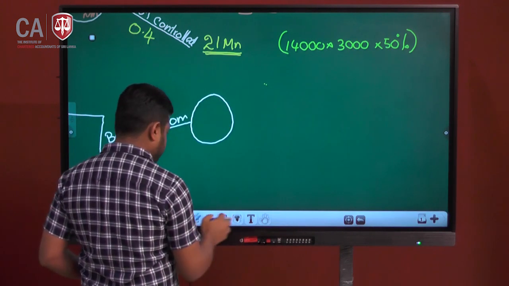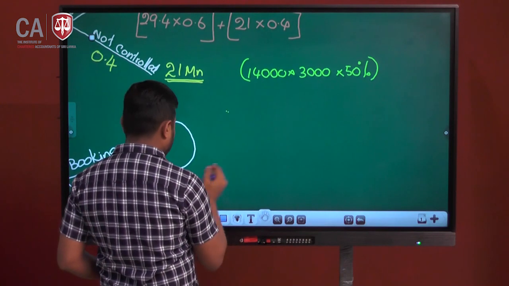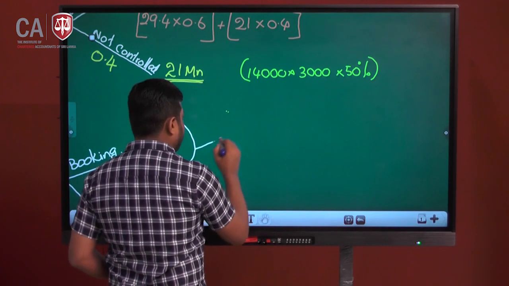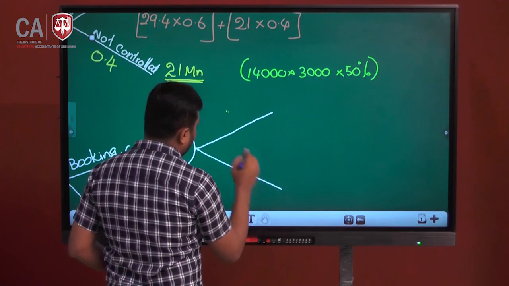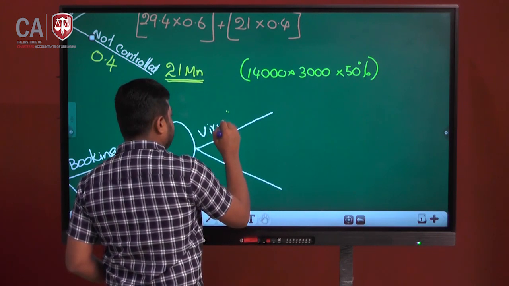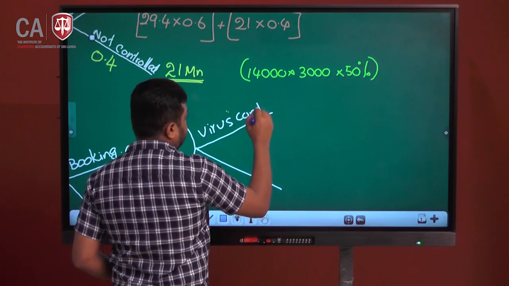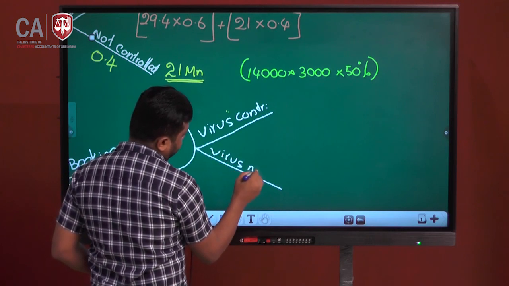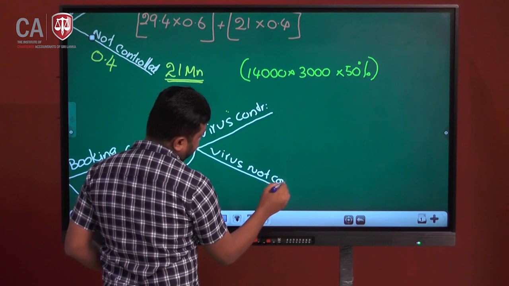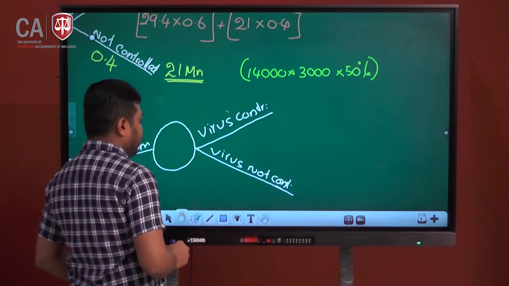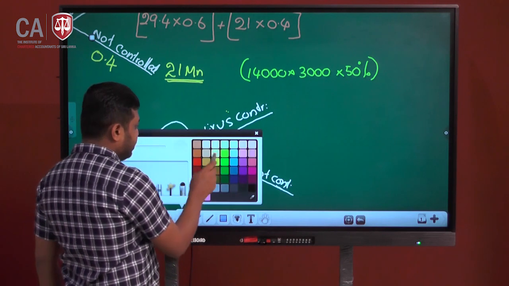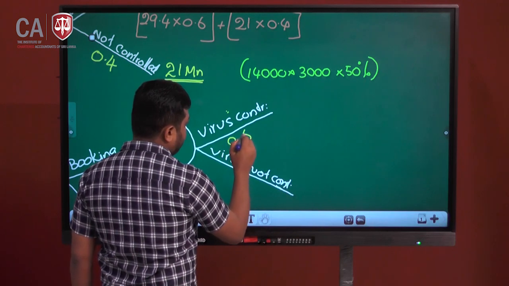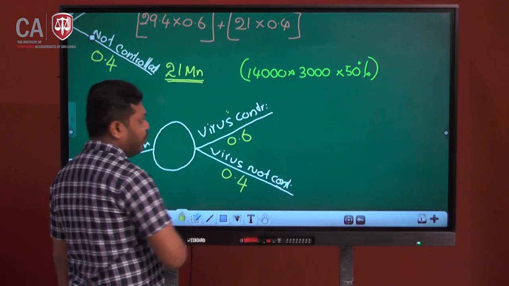There will be two situations: virus controlled and virus not controlled. The controllability of the virus is given as 60%, so I will say 0.6. Not controlled, 0.4.